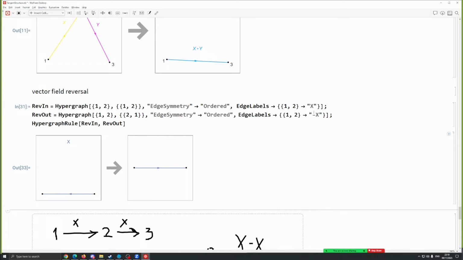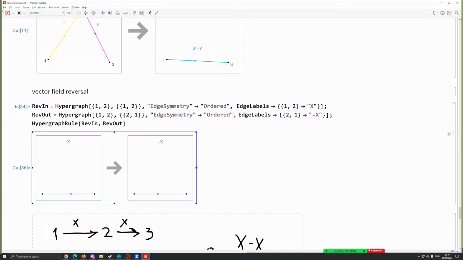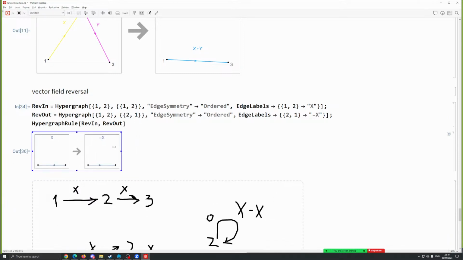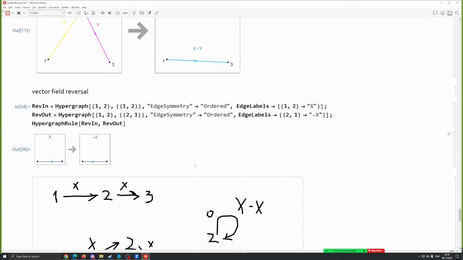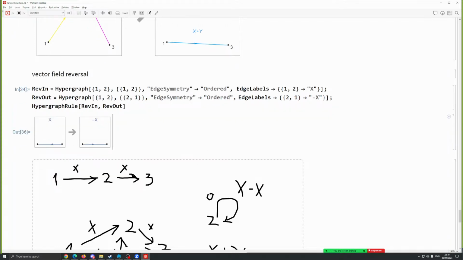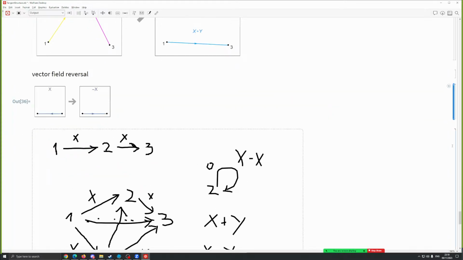Oh, those are crazy labeling. The distance is weird. Yeah, doesn't matter. Okay, but yeah, that's the rule.